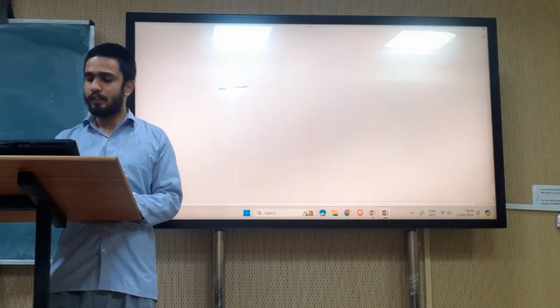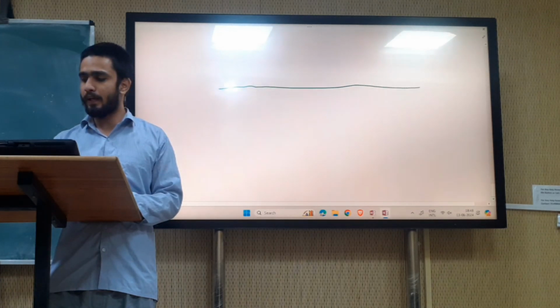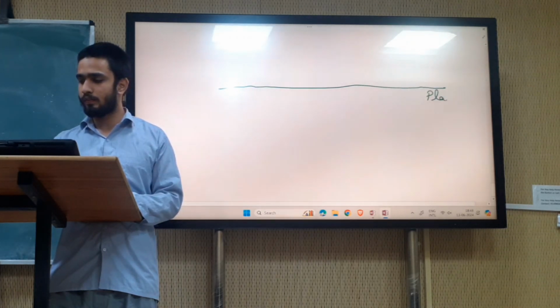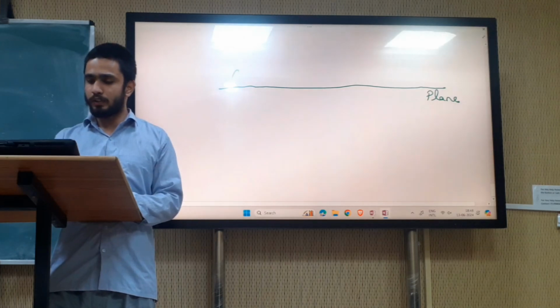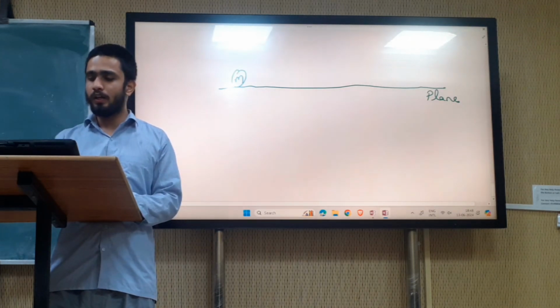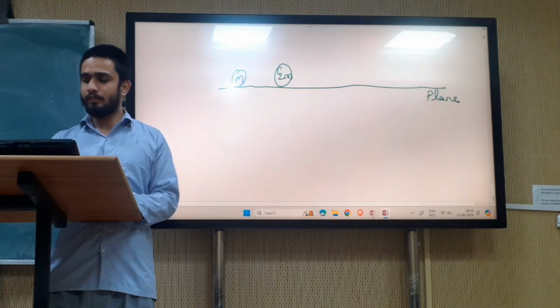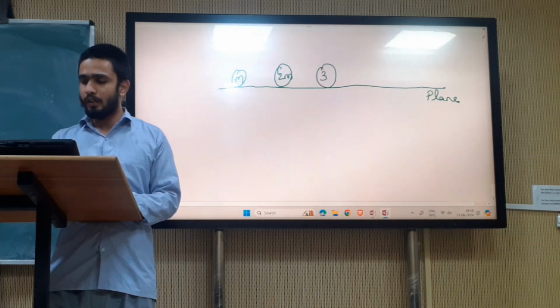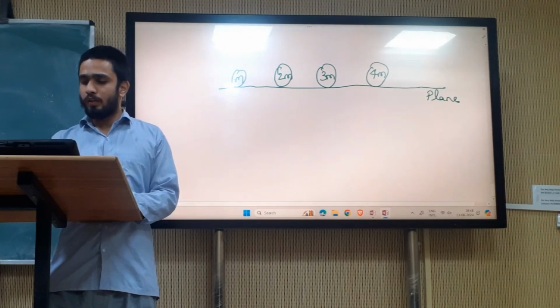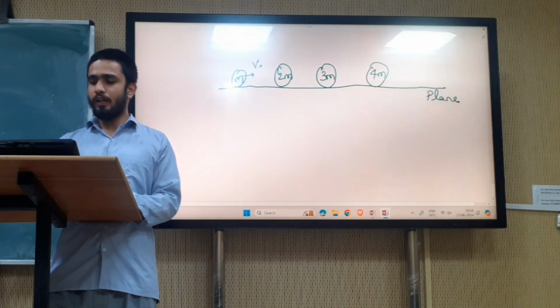Suppose this is a plane, and these balls are of mass m, 2m, 3m and 4m. The first one is moving with velocity v.